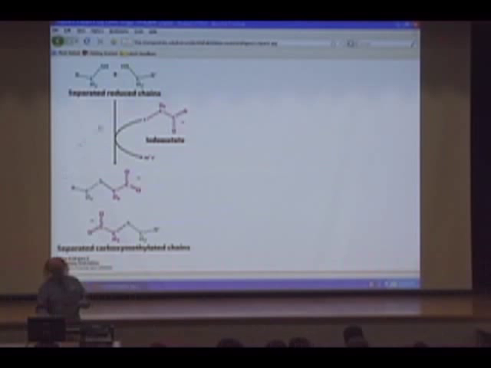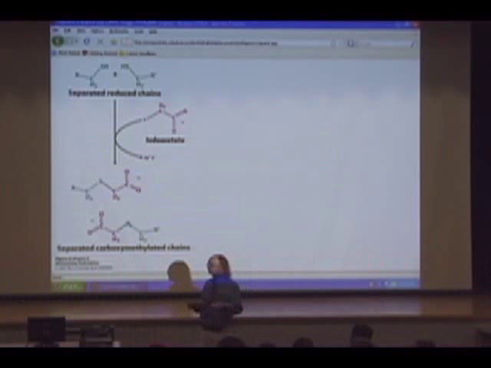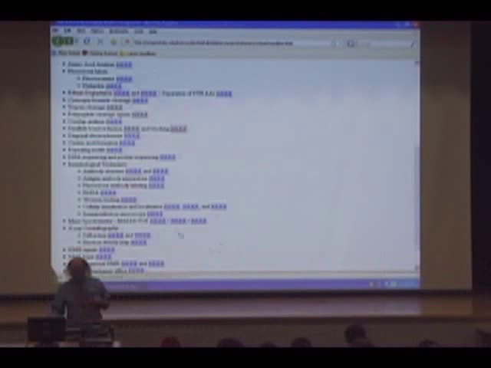There are a couple of ways of doing that. One of the ways is by treating the sulfhydryls with iodoacetate. When we treat with iodoacetate, it donates this acetate group onto there, and when the acetate group is sitting on the sulfur, that sulfur is no longer reactive and can no longer form a disulfide bond. So that's one way of preventing the sulfhydryls from reforming disulfide bonds.